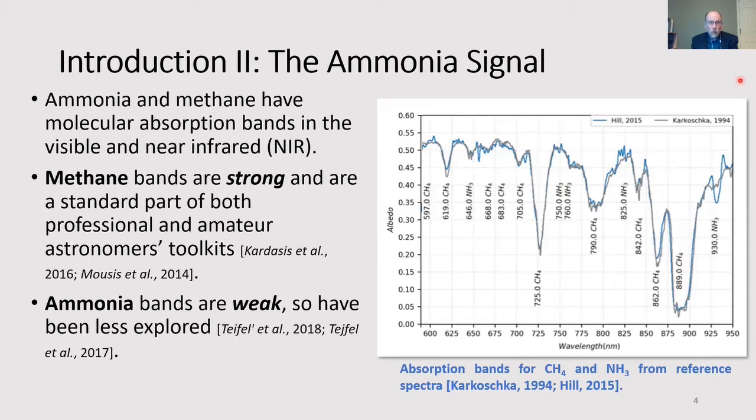Ammonia bands, however, are weak and have been less explored, although there has been some spectroscopic and some imaging spectrometry done. And to give you an idea of the differences in strength, here's that big methane band that we like to take pictures of Jupiter in. Here's the ammonia band that I'm going to be working with.